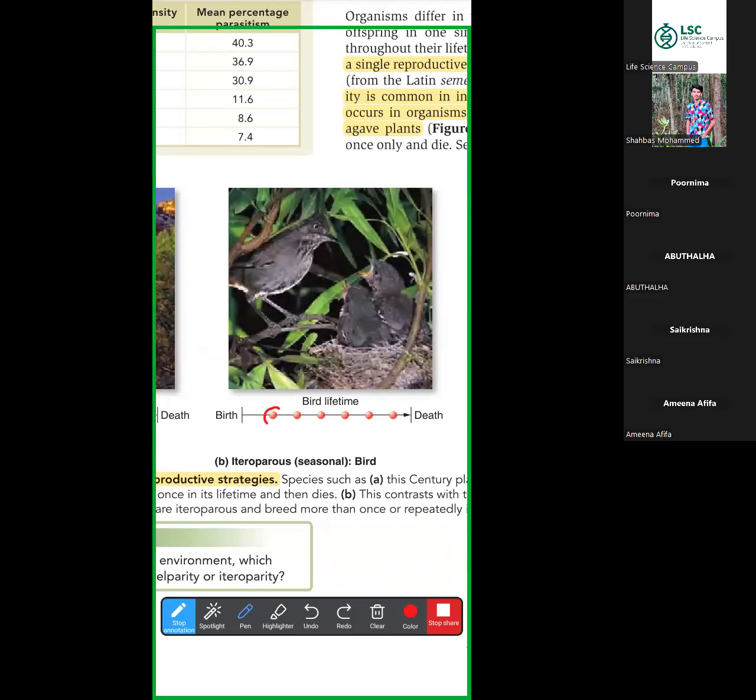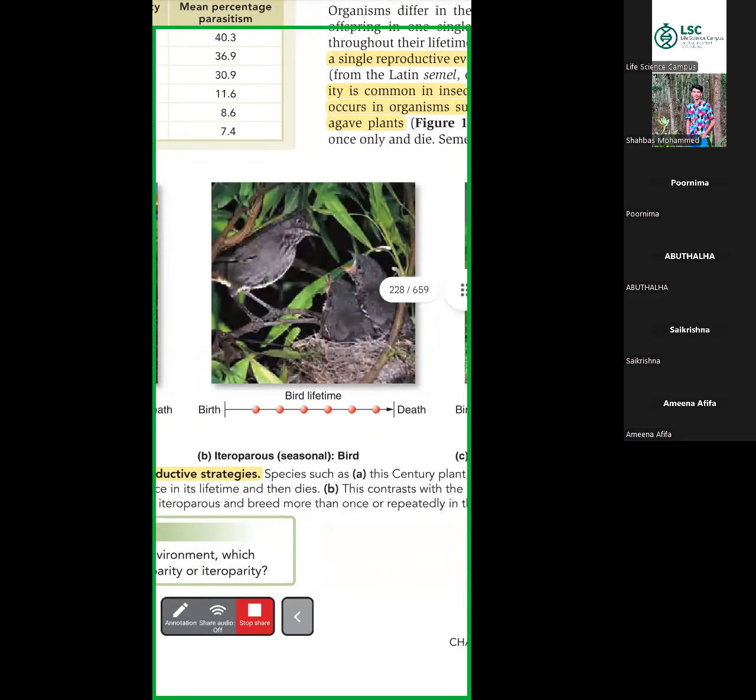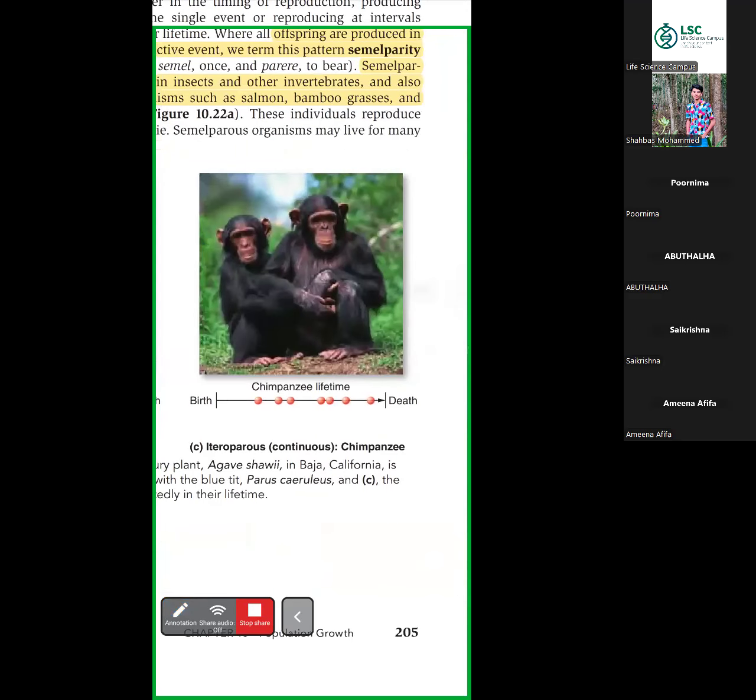They reproduce only during particular seasons. And in continuous iteroparity, they reproduce repeatedly. There are no patterns. Is it clear? Yes, ma'am.